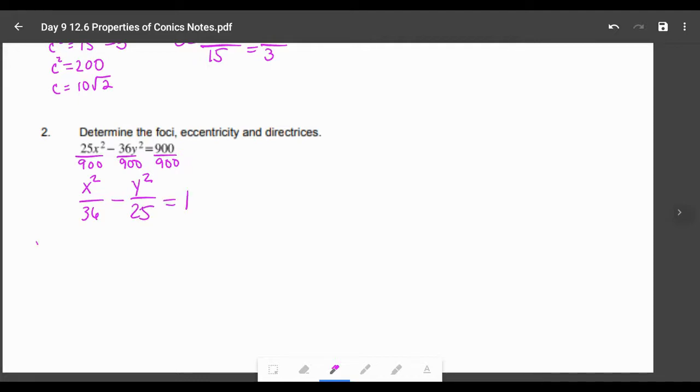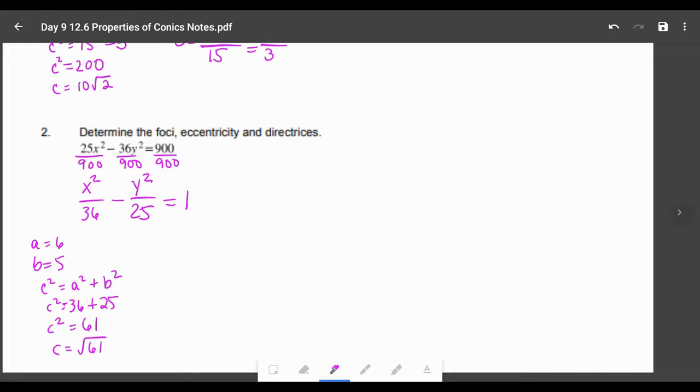All right, using that equation, we know that a is equal to 6, b is equal to 5. We can calculate our c by using a squared plus b squared because it's a hyperbola this time. So that gives me 36 plus 25, which equals 61. And so c is equal to root 61.